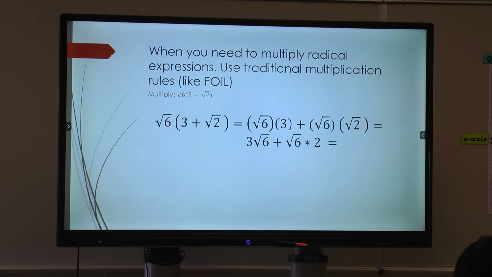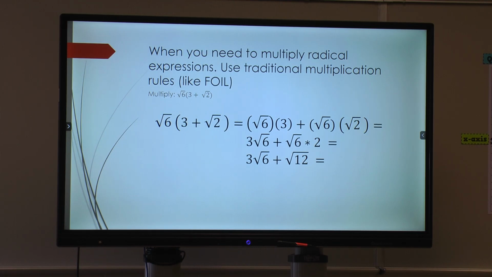Now I see that I have 6 times 2. 6 times 2 is what? 12. So I go ahead and solve that. I got 3 radical 6 plus radical 12. Looking at your chart, could I break down the 6 or the 12 with a perfect square, a number times a number that will go perfectly into it? That's 6.